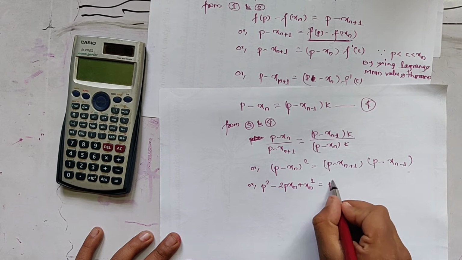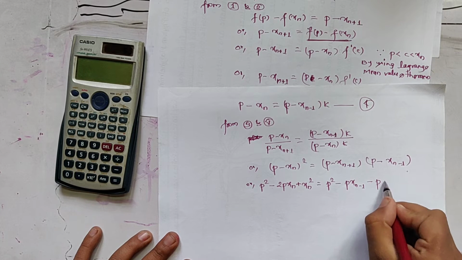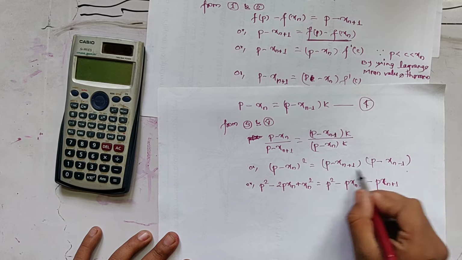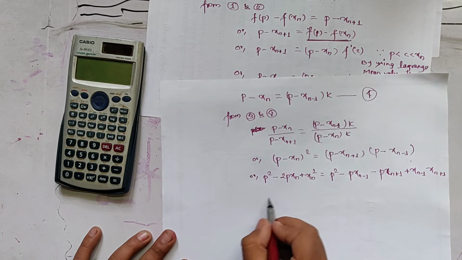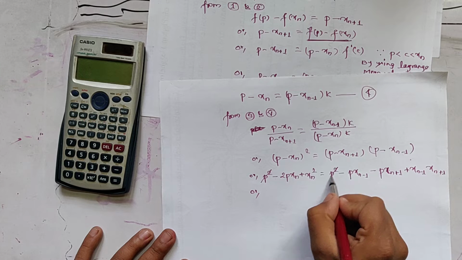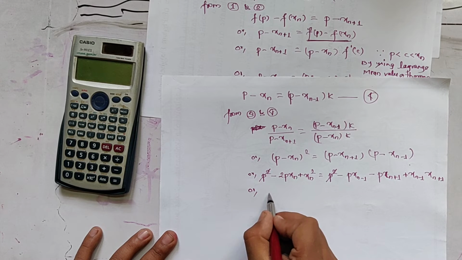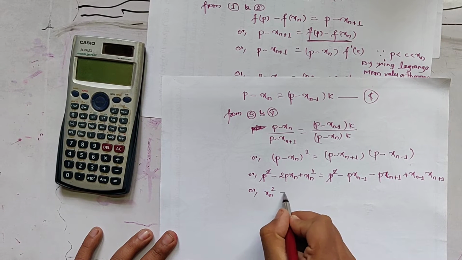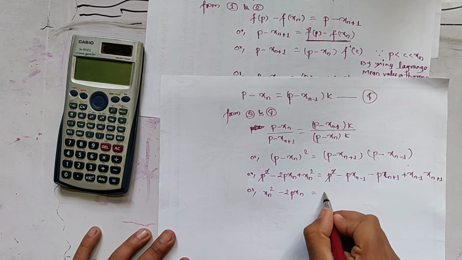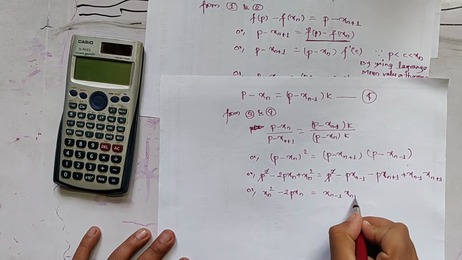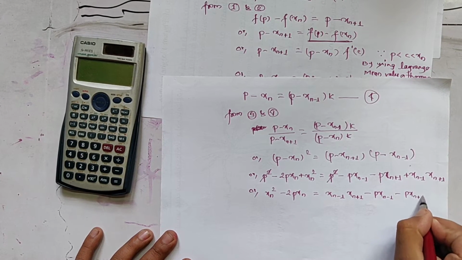The p square is cancelled, and it can be formed into xn square minus 2pxn equals xn minus 1 xn plus 1 minus pxn minus 1 minus pxn plus 1.